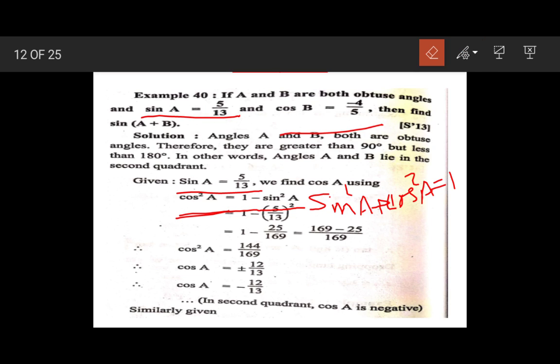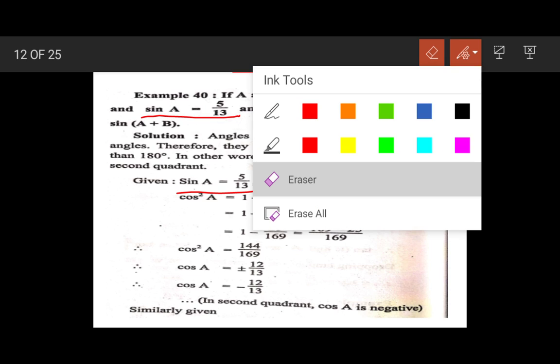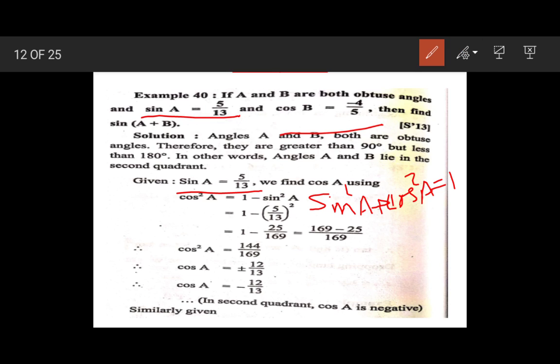Now 1 minus sin square A. Sin A is 5 upon 13, so 5 upon 13 whole square. So that means 1 minus 25 upon 169. By cross multiplication we get 169 minus 25 upon 169.